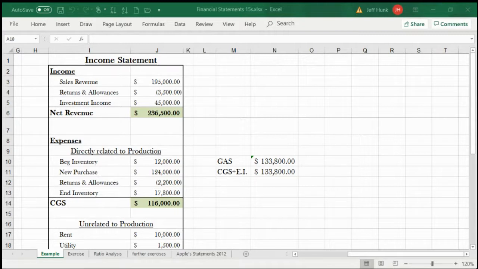Now, also, as opposed to the income statement, the goal of the balance sheet is to describe the capital structure.